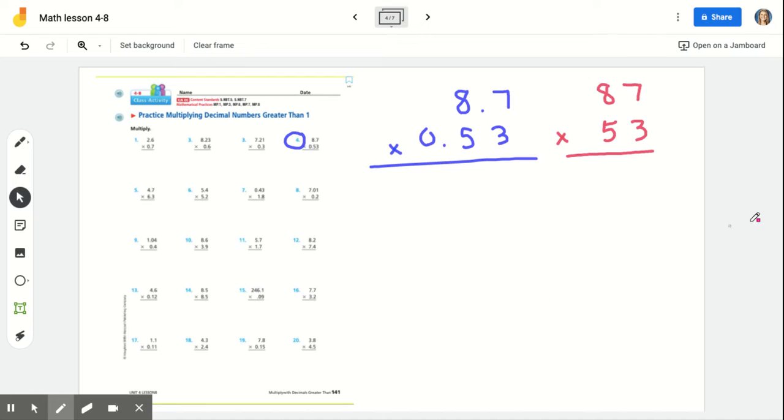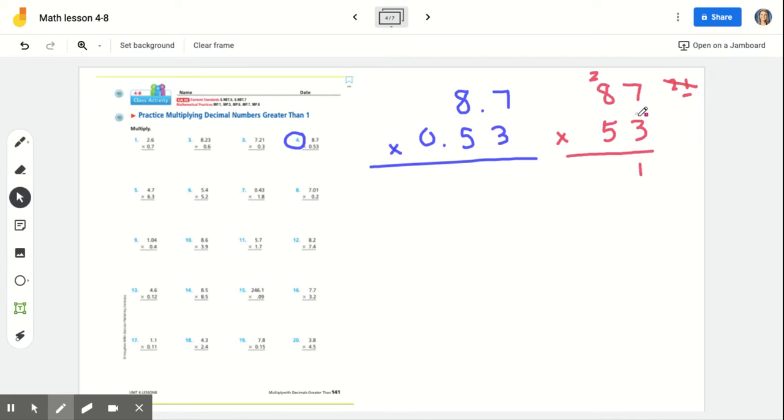I'll get you started. We're going to multiply 87 times 3 for our first row. So starting in the 1 spot, 7 times 3 is 21. Remember, you can only put 1 digit in at a time. We're going to put our 1 into our product, and we're going to carry that 2 over to our 10 spot above the 8. Okay?